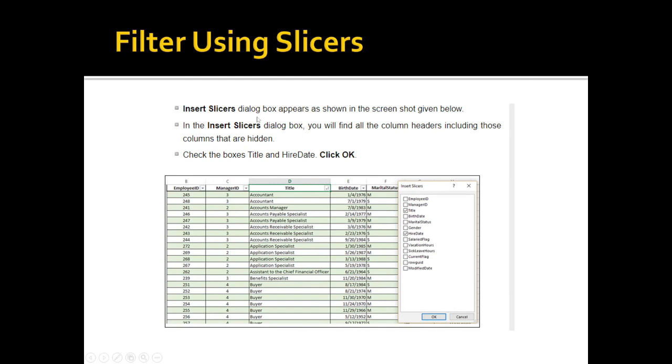The Insert Slicer dialog box appears as shown on the screen. In the Insert Slicer dialog box, you will find all the column headers, including those columns that are hidden. Check the boxes title and hire date, and then click OK.